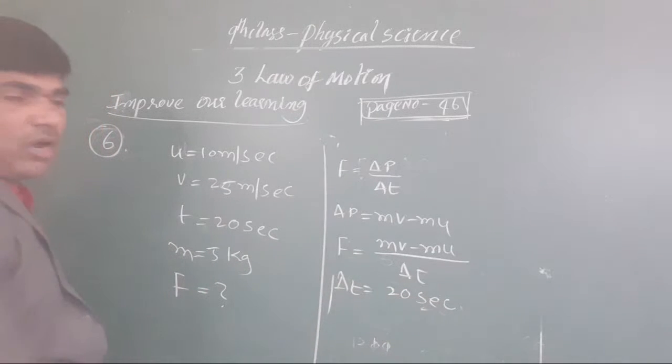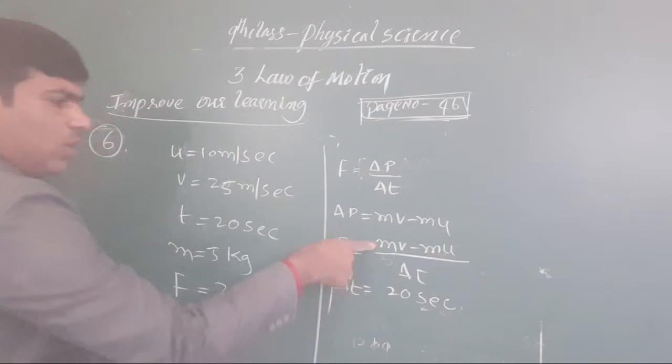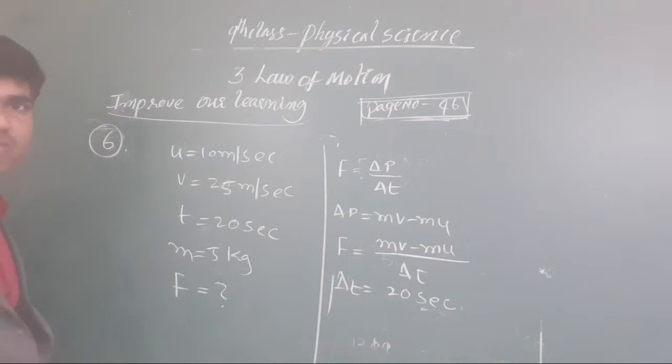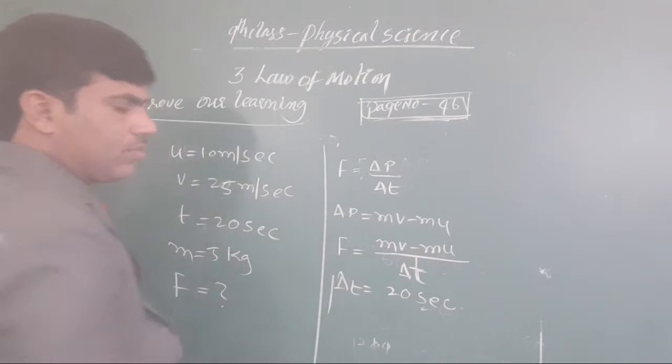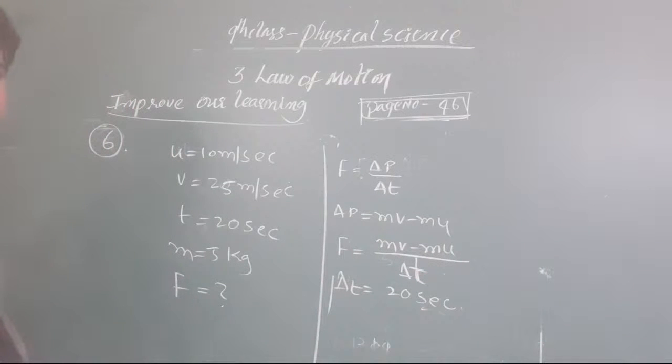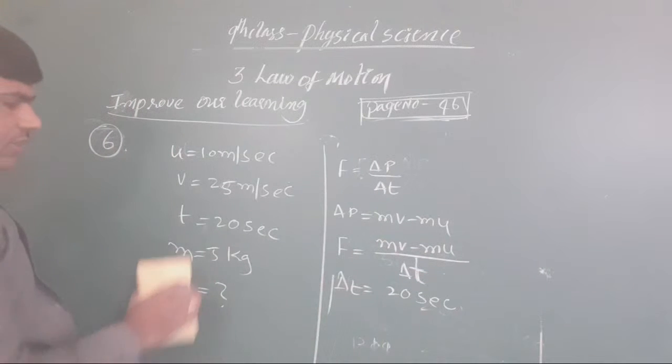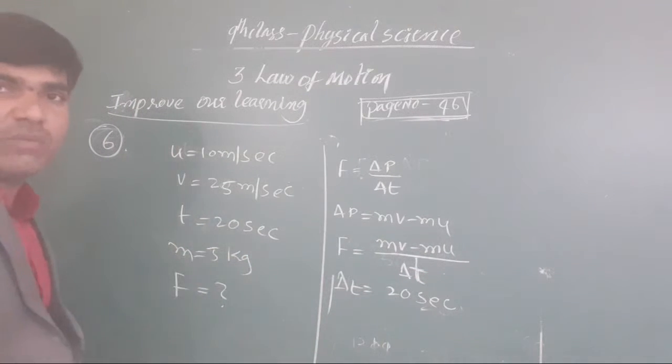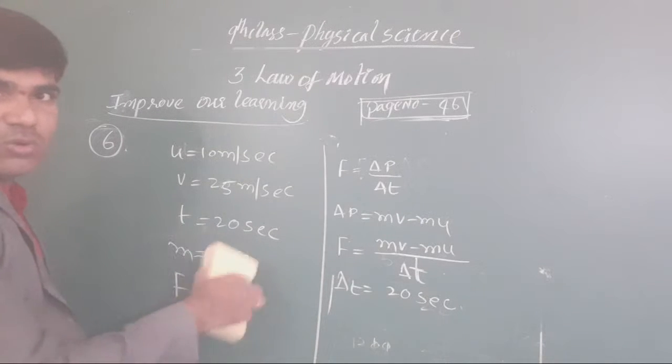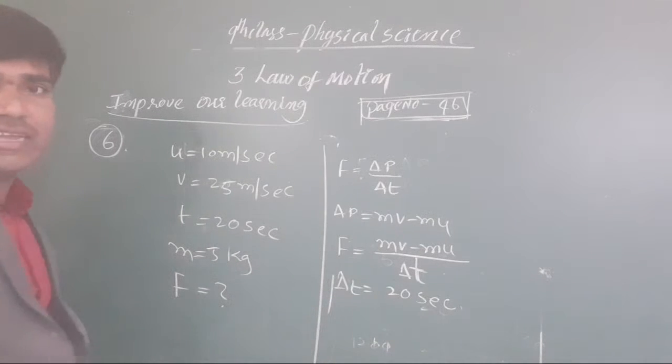You have to substitute v, u and m in this equation and you will get it. That t of 20 seconds only becomes the del t.